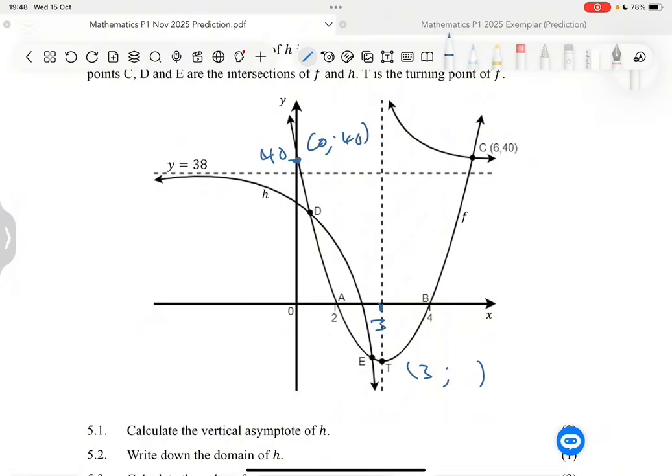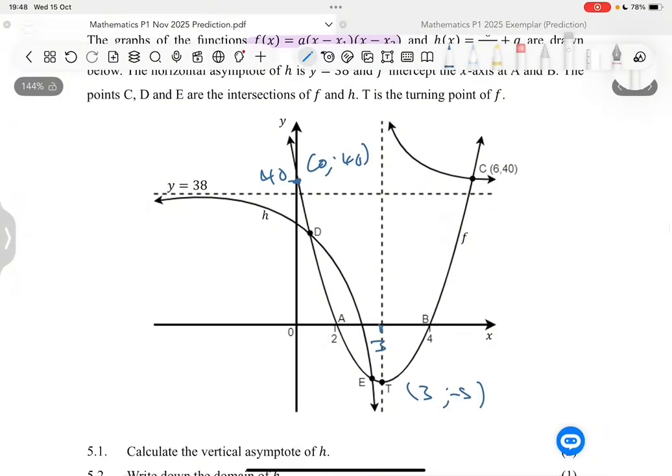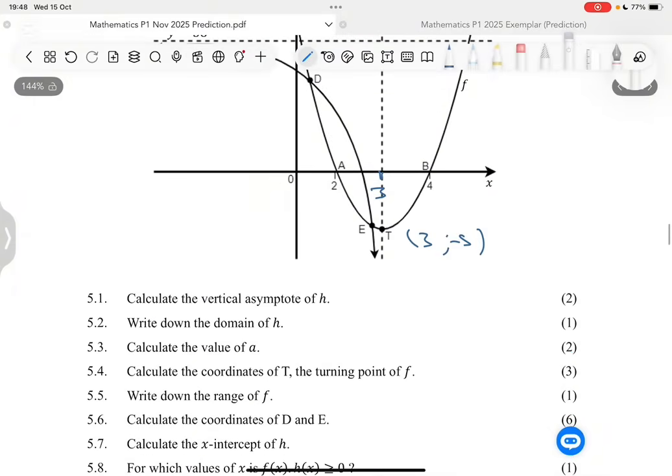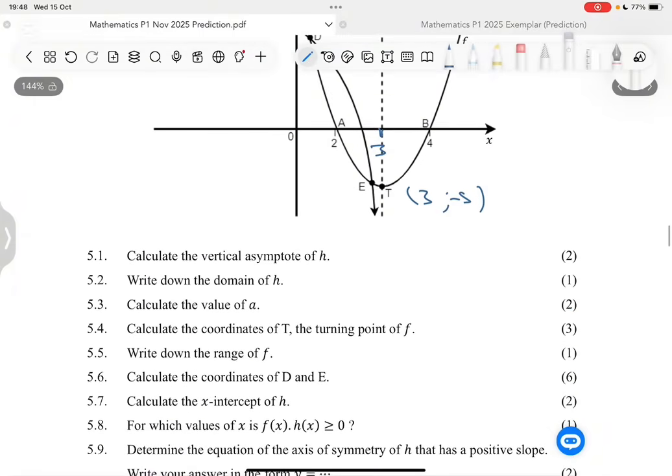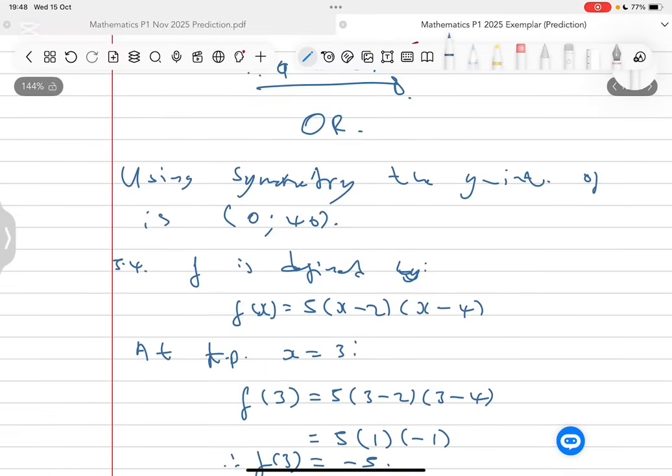When you look at this on the graph, it makes sense that it is negative 5 because it's on the negative side of the graph. Also, just to look at the turning point form, you can see that this graph went down by 5 units. Our q there is 5, so it went down by 5 units.